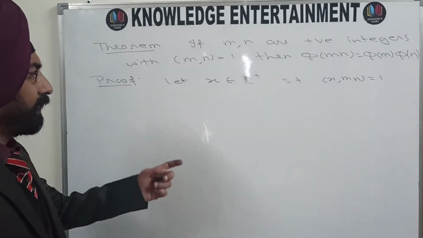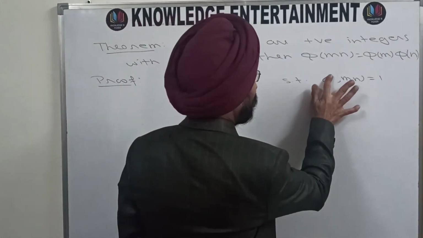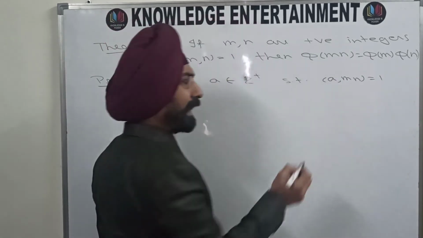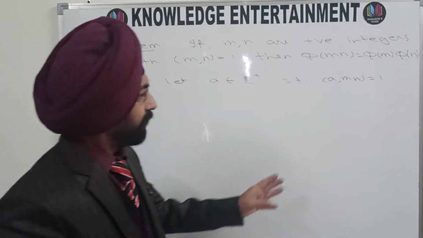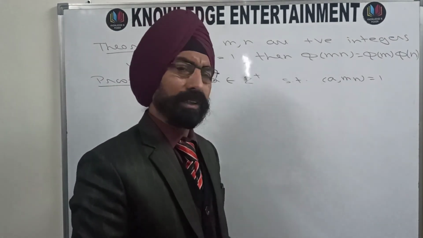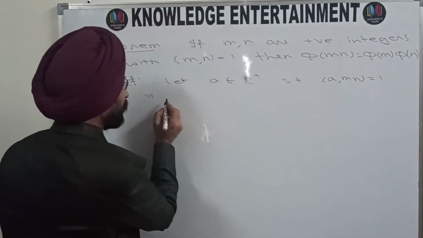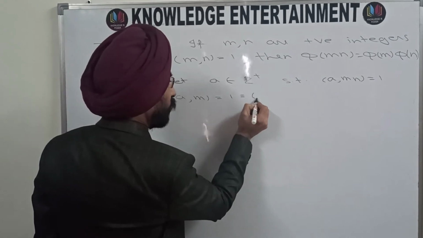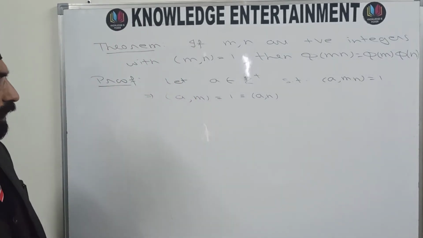Just take a instead of taking x. Let a be any positive integer such that GCD of a and mn is 1. And this means, since GCD of a and mn is 1, GCD of a and m is 1 and GCD of a and n is also 1.